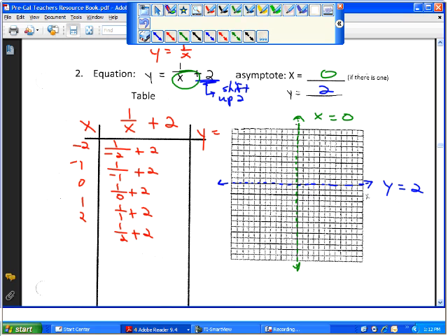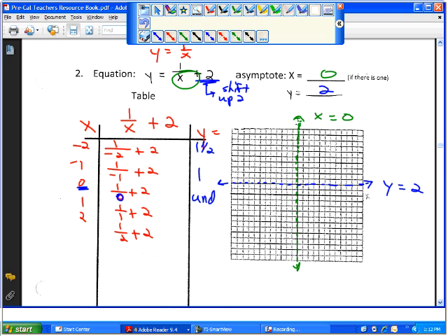So, what's -1/2 plus 2? 1.5. What's -1 plus 2? +1. What's anything divided by 0? Undefined. What's undefined plus 2? Still undefined. What's happening at x equals 0?